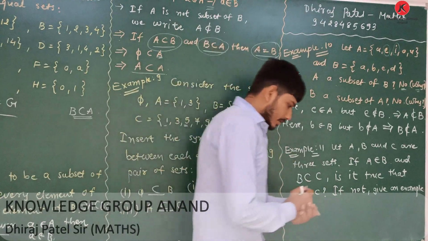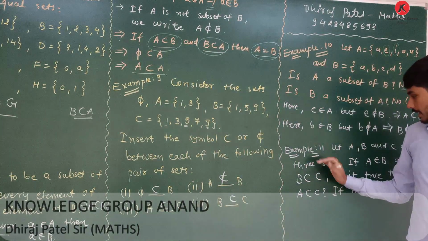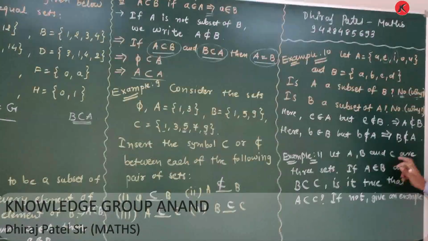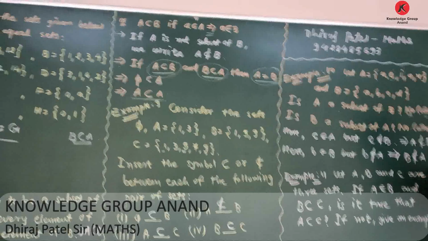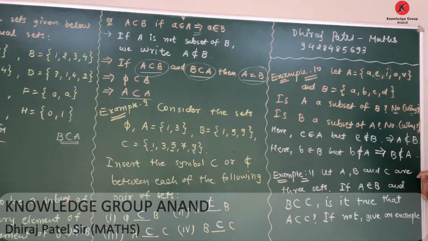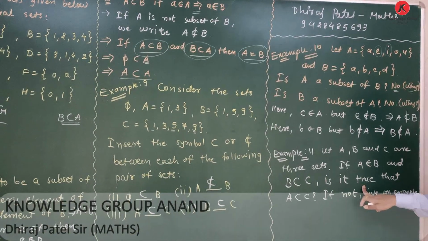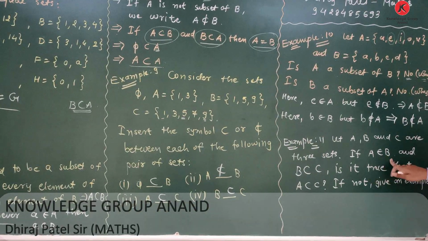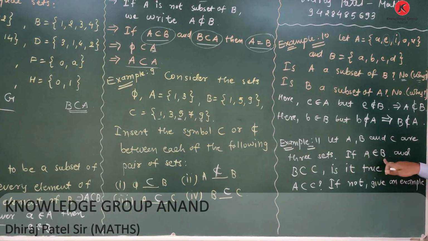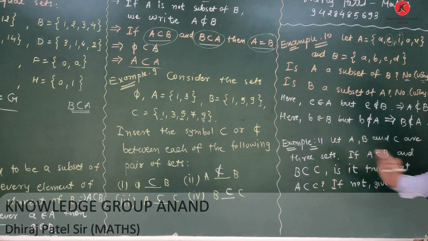Now example number 11. Let A, B and C be 3 sets. Is it true that if A belongs to B and B is a subset of C, then A is a subset of C?